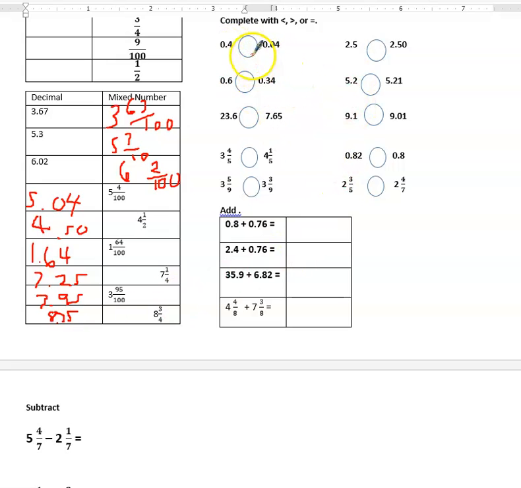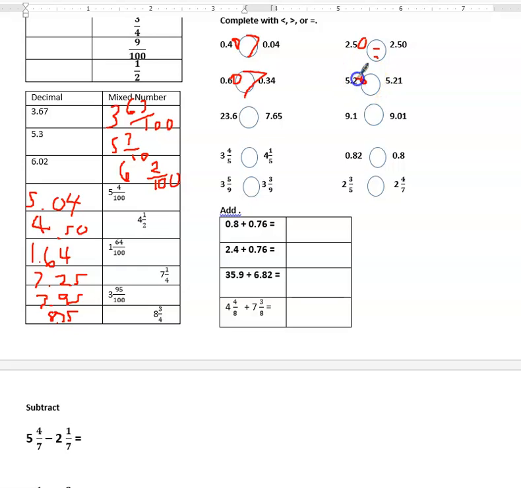Up here when I'm comparing decimals, if they both don't have 2 places after the decimal, I'm going to add a 0 to make it. So he needs an extra 0, and now it makes it easy to see that 40 cents is more than 4 cents. We need a 0 there, and those two end up being equal. We need a 0 there, and then 60 cents is more than 34.